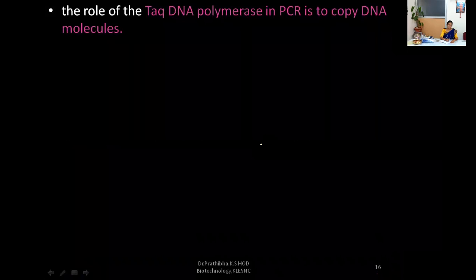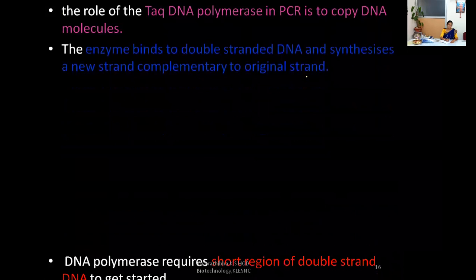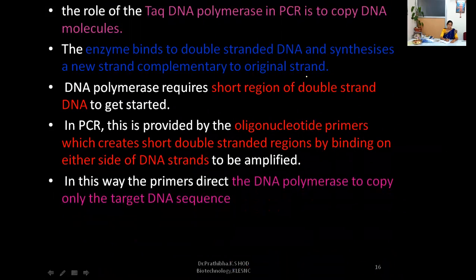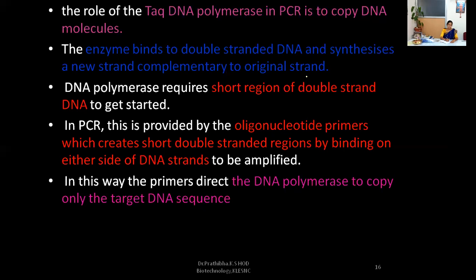Now let us understand the role of the Taq DNA polymerase in PCR, which is to copy DNA molecules. The enzyme binds to double-stranded DNA and synthesizes a new strand complementary to the original strand. So what do you mean by this? This is the template DNA. Here the primers go and bind on the 3' ends of the DNA fragment, then the DNA polymerase enzyme goes and sits over there.